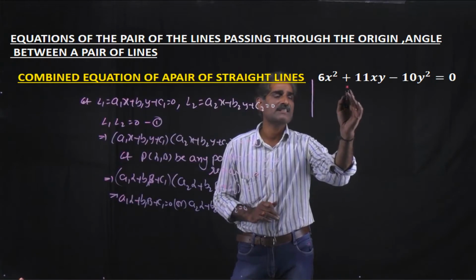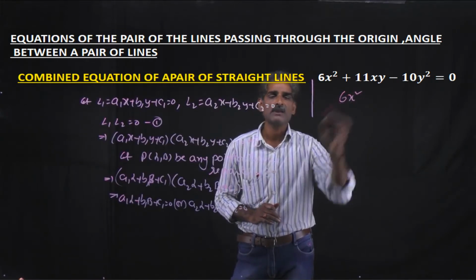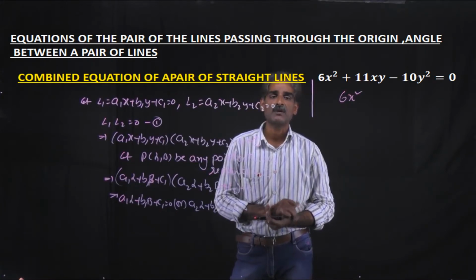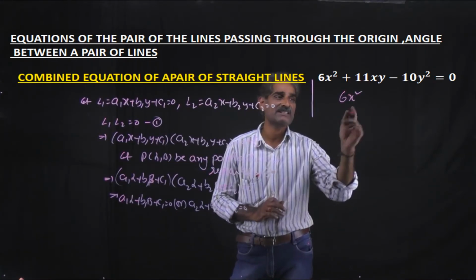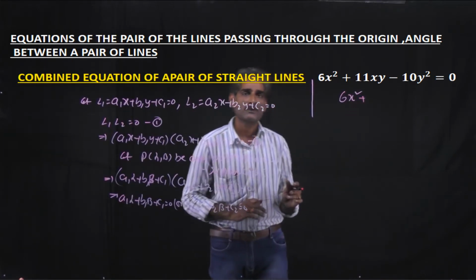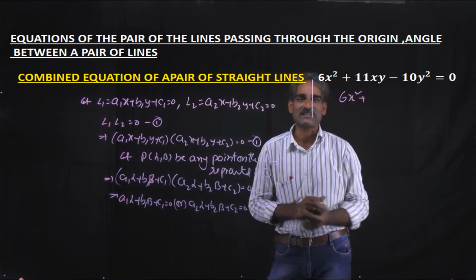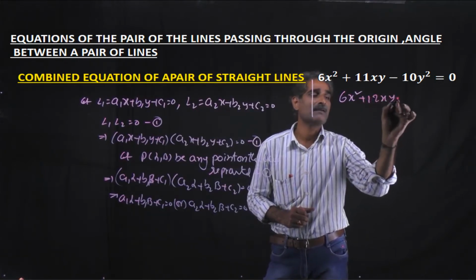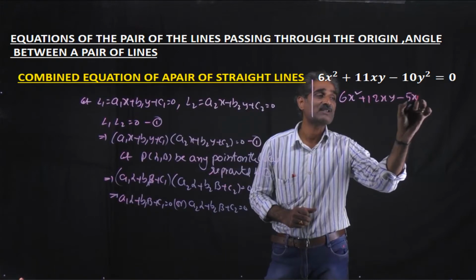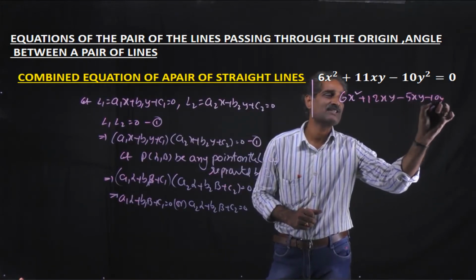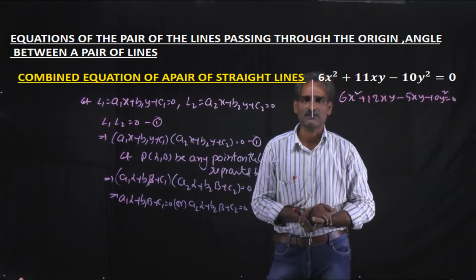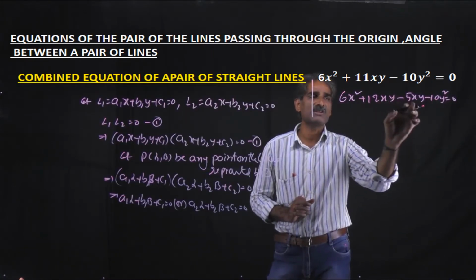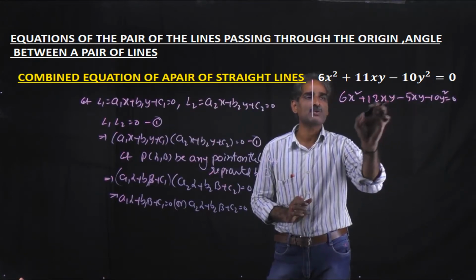Here 6x square is there, then 11xy, and minus 10y square. Just write down the factors for this equation. 6 into 10 is 60, and 12 into 5 is 60. The difference of these two, 12xy minus 5xy, gives 7xy, so we split the middle term accordingly.